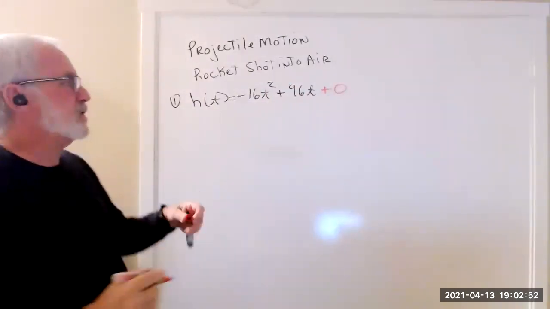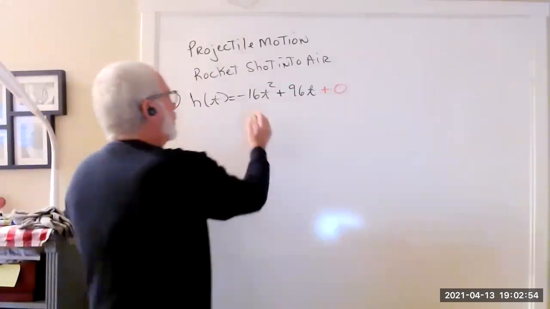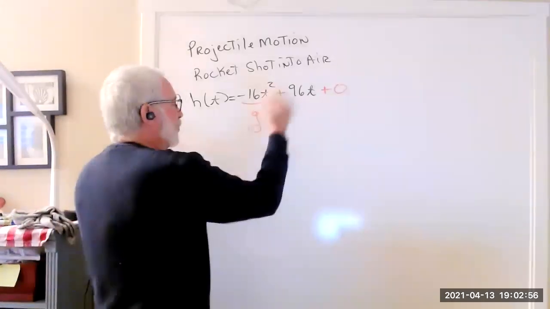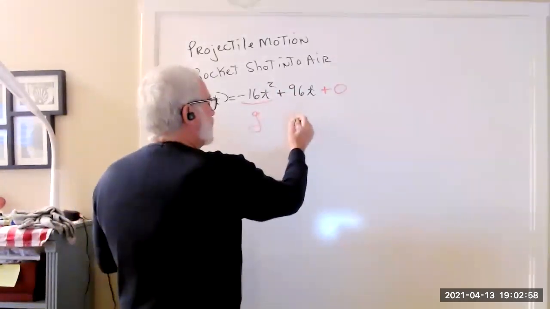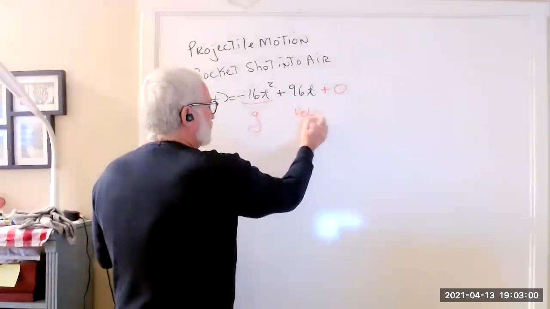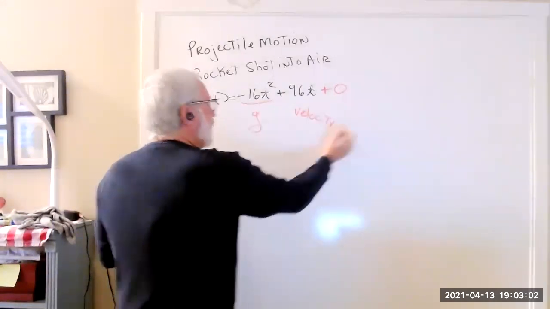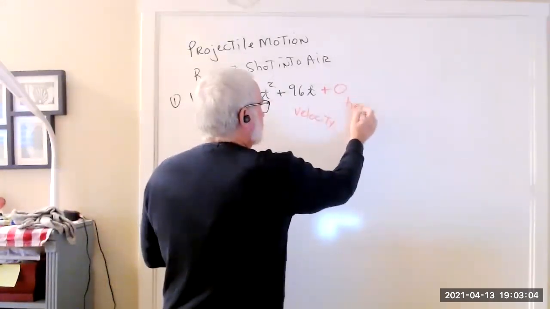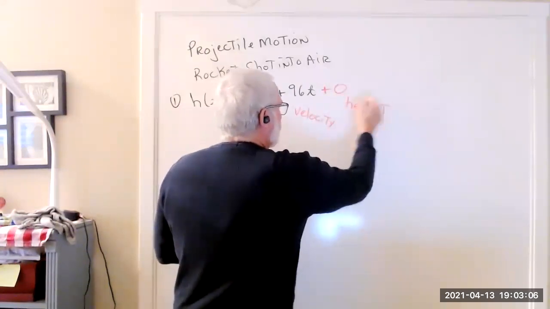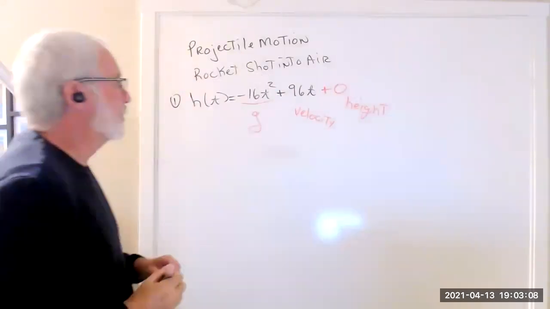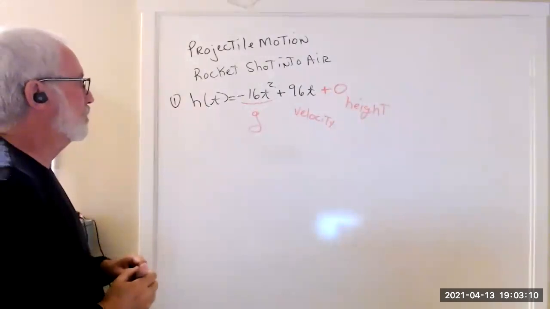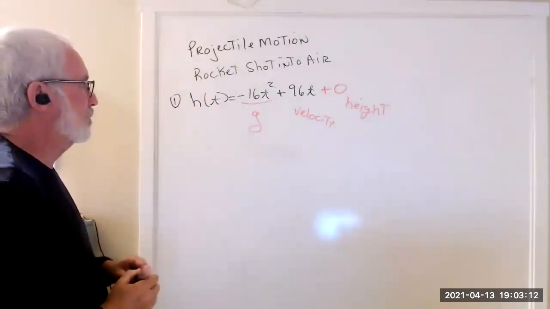Let's take this formula apart. This is the force of gravity. This is the initial velocity. And this is the initial height. Sorry to interrupt, what do all of those stand for? On the last one, you had negative 1/2 G. Where is that?